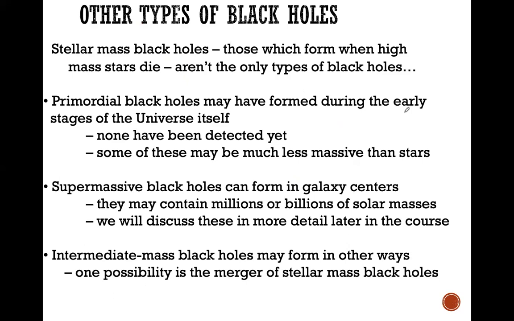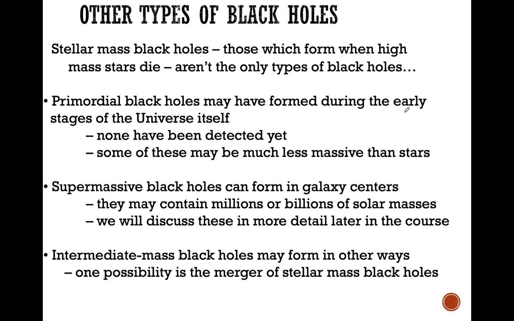And now, for black holes, what we discussed previously is how these stellar mass black holes are created, right? That's what we have discussed. But those are not the only type of black holes available in the universe, right? Stellar mass black holes are what we discussed previously during our star formation process.